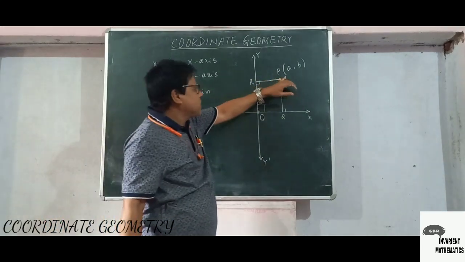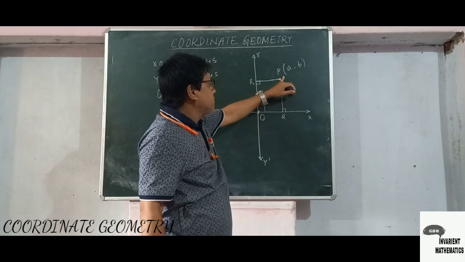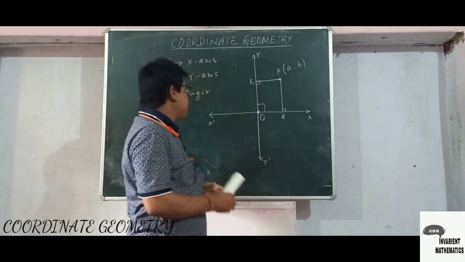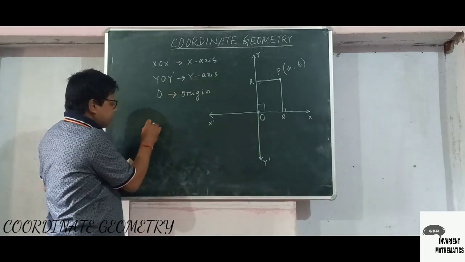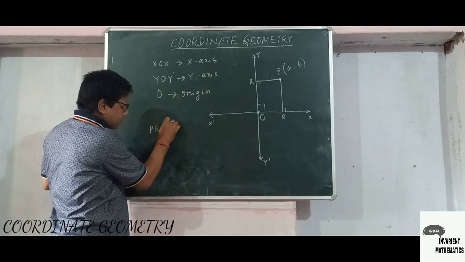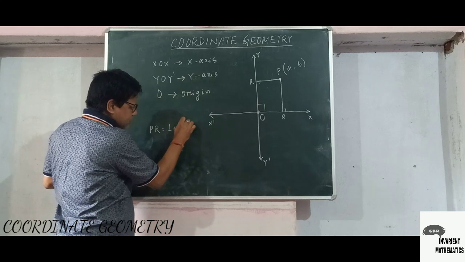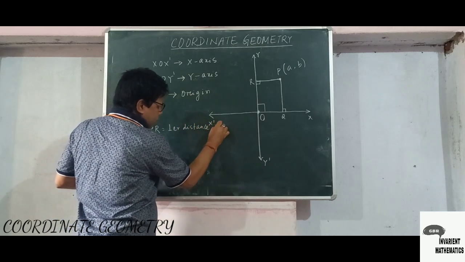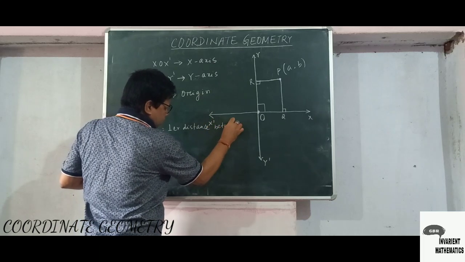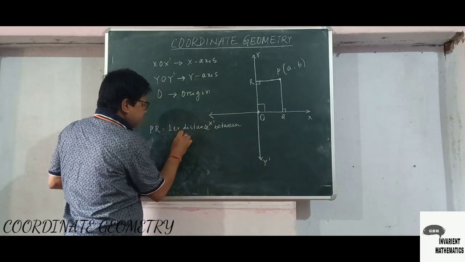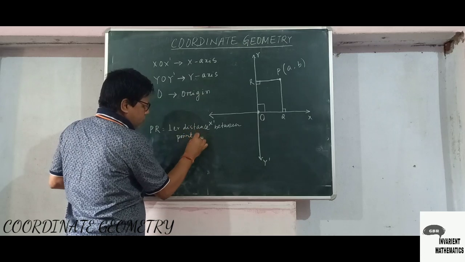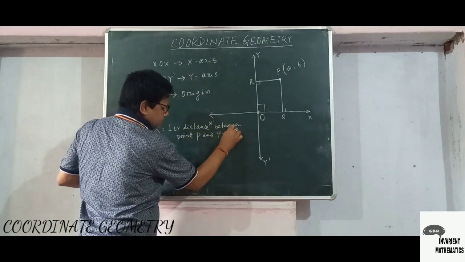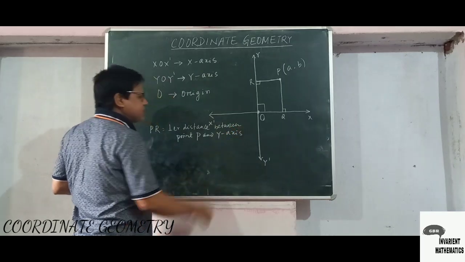The perpendicular from the point P to the y-axis, that is PR, is the perpendicular distance between point P and the y-axis.